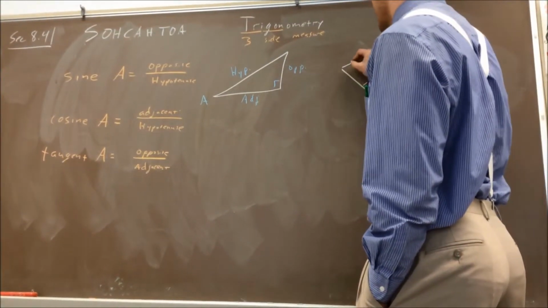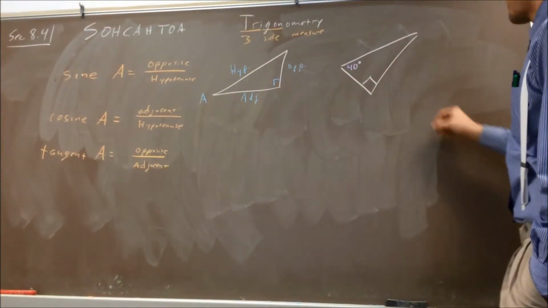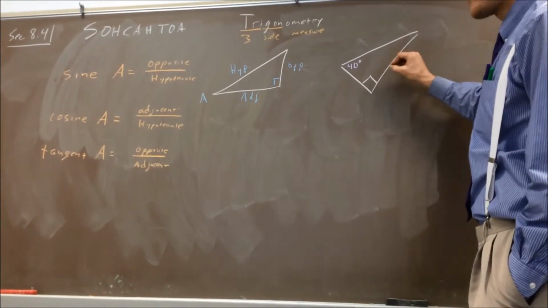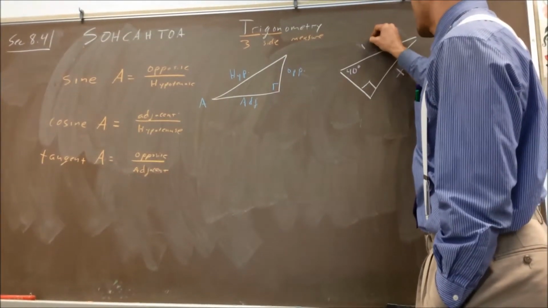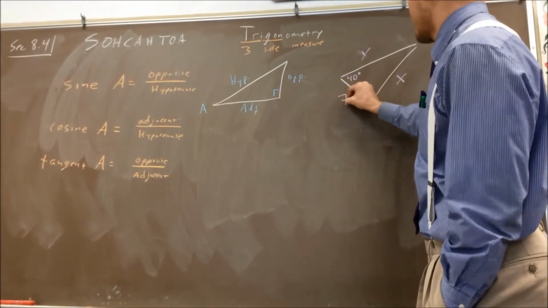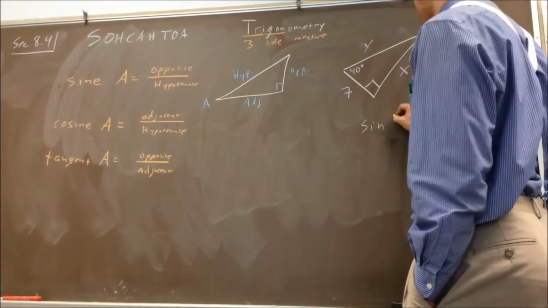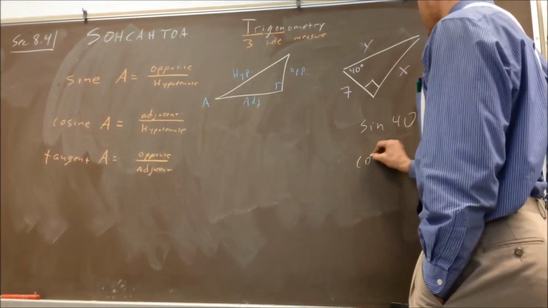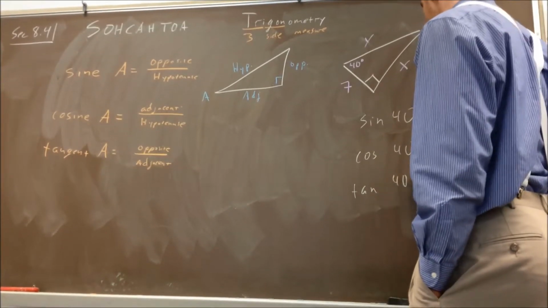We're going to say this is 40 degrees. I'm going to use just letters this time. This is X, this is Y, and this is 7. I want to know what the sine of 40 is, what the cosine of 40 is, and what the tangent of 40 is.